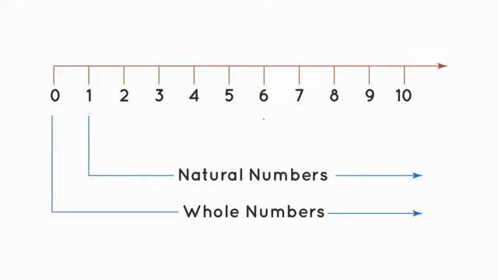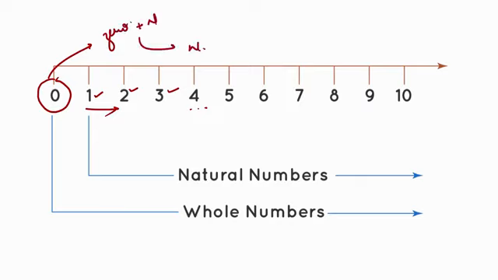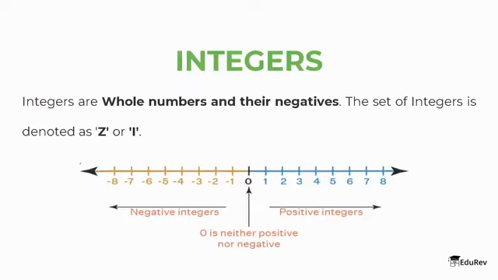This explains exactly what I've told you right now, that natural numbers start from 1, that is 1, 2, 3 and so on, and whole numbers are nothing but natural numbers plus one number, that is 0. So 0 plus natural numbers will give me what? Whole numbers. Easy, right?